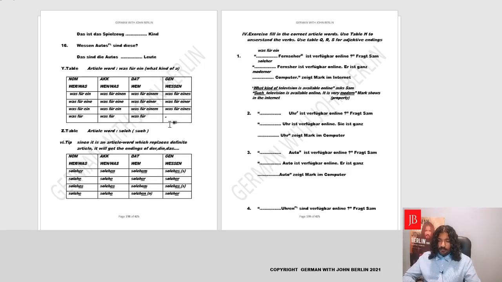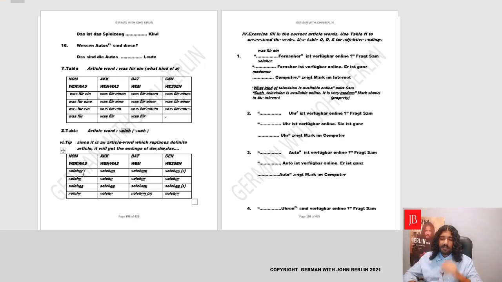Okay, now moving forward, let's see the other article, the corresponding article. To answer back, either you could straight away answer, or you could demonstrate by showing the characteristics. What kind of a movie do you watch? You could play up a movie and say, such a movie I watch or I like. Now again, the article is such, which is solch. Solcher, it derives itself from the definite article.